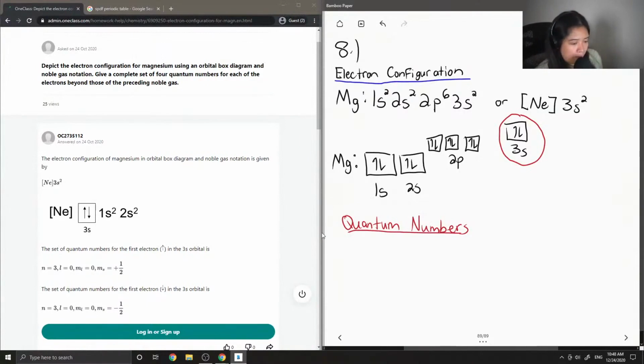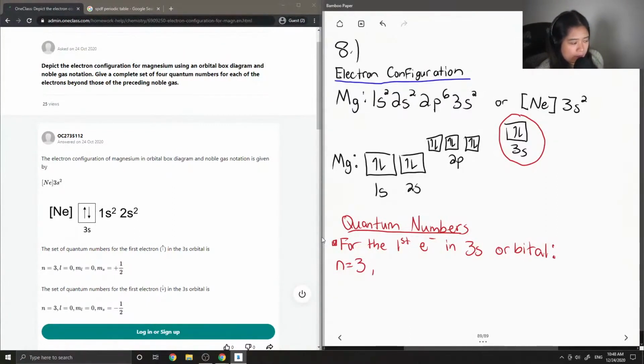So let me just write for the first electron. n is just equal to the row number that it was in. So in this case, it was the 3s. So n is just equal to 3.